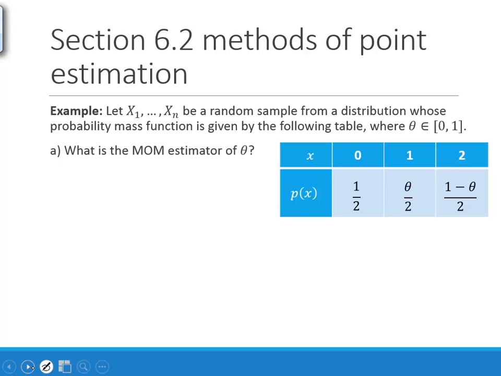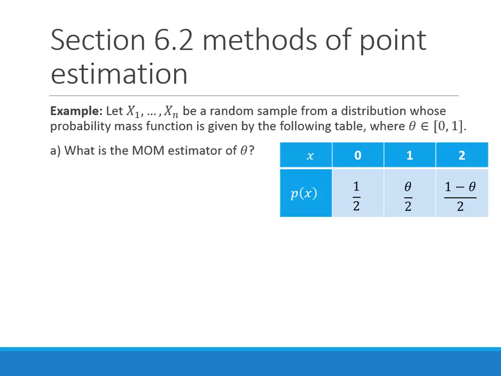Okay, let's go back to this example we saw before. I'm going to keep doing some examples here. I have another random sample from this discrete probability mass function that we looked at on Wednesday. And I want to think about what's the method of moments estimator of theta here.